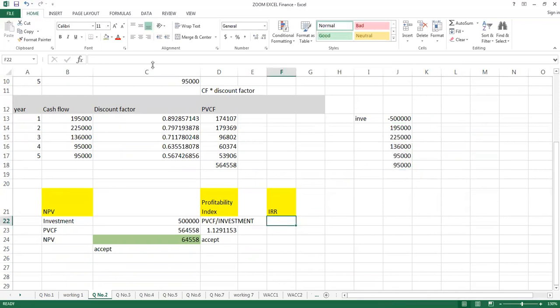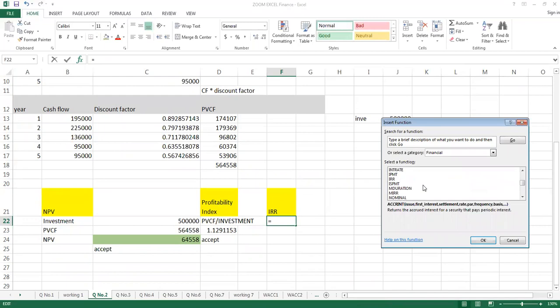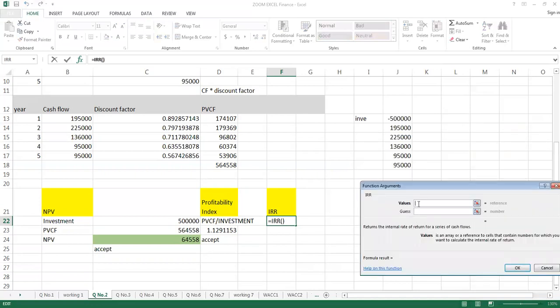Now coming here, go to functions. In financial, ask for IRR, and it will ask you to give certain values. You don't need to make any change over here. Just keep your cursor here.